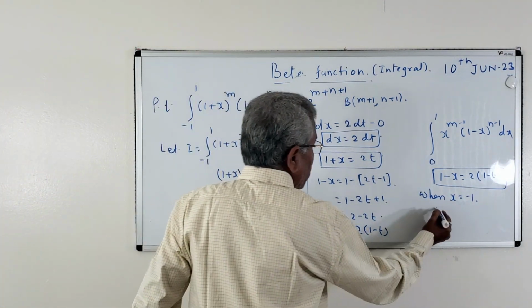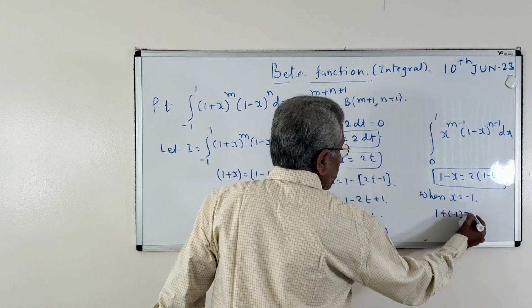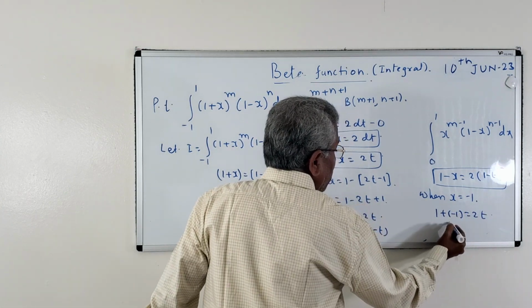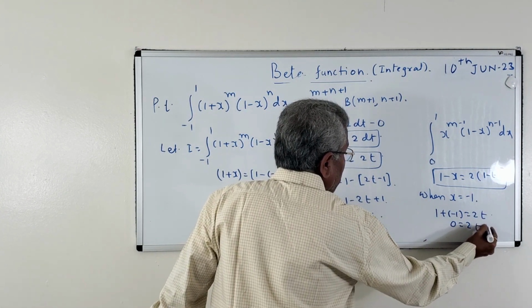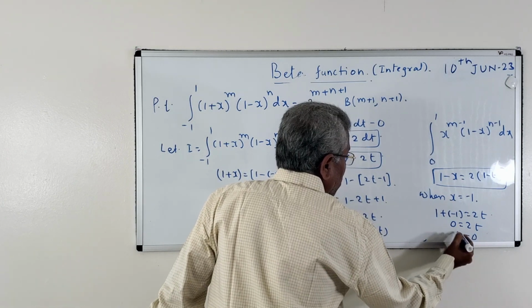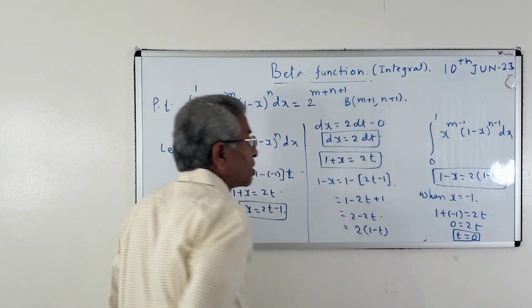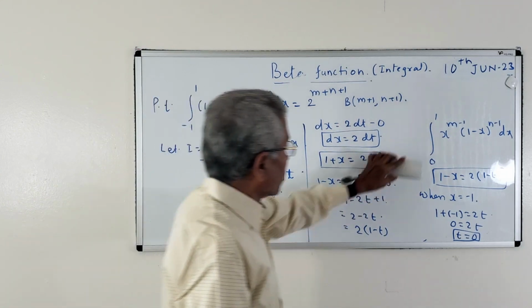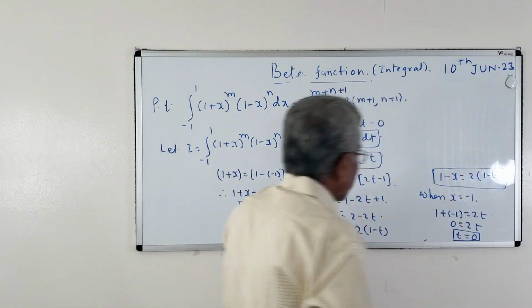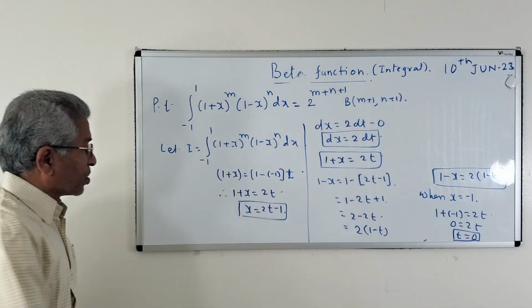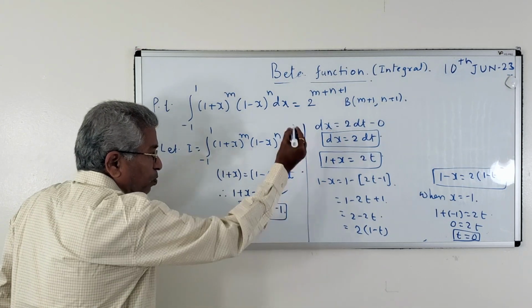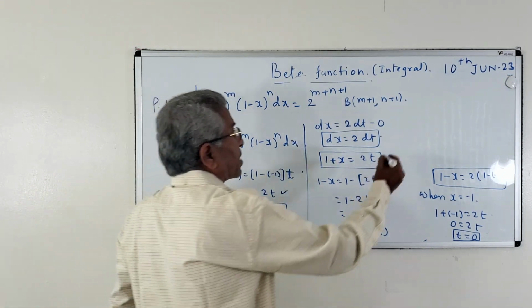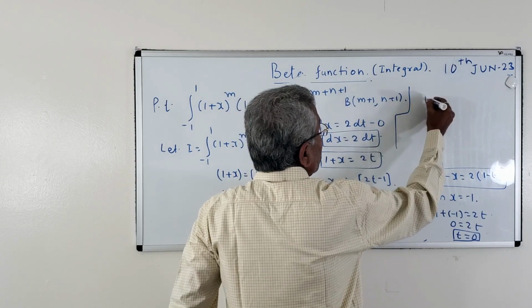You will get 1 plus minus 1 is equal to 2t, or 0 is equal to 2t, which implies t is equal to 0. So the lower limit of t is 0. Okay. Now the upper limit. Using the same function, we will find the limit. When x is equal to 1, the upper limit is 1.